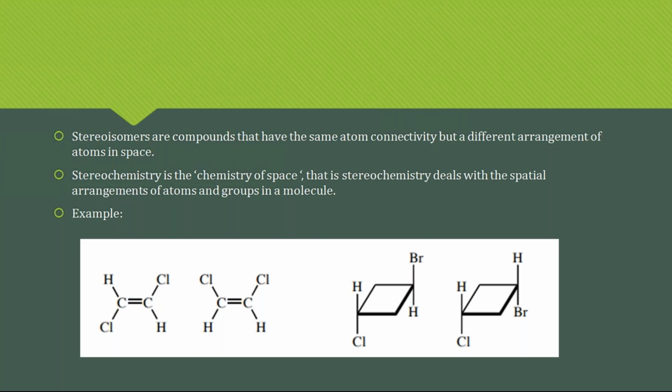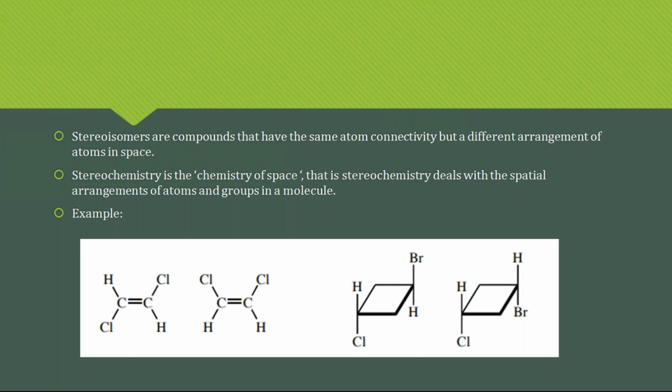Ma'am, because the first letter is... I'm not able to explain, ma'am. Alphabetical order. Will B come first or C come first? B. Then bromo should have 1, right? So it is 1-bromo-3-chlorocyclobutane.